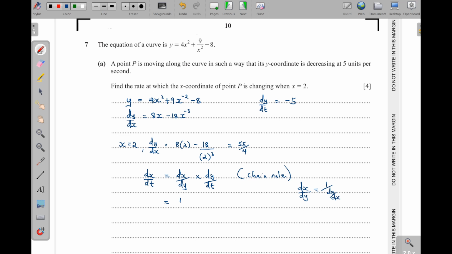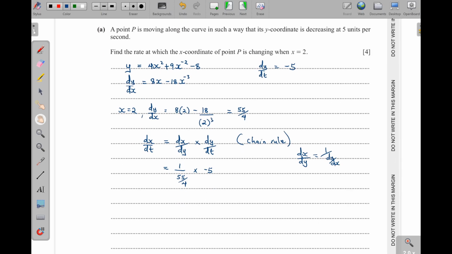So we shall have 1 over dy/dx, which is 55 over 4, and then times dy/dt, which is -5. So we have 4 over 55 times -5. This one will go 11 times, and that means our answer is going to be -4 over 11.